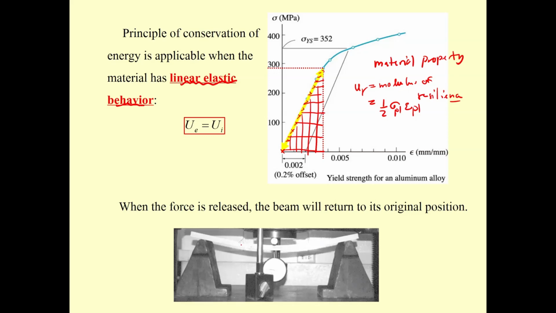The same thing if you have a beam. Previously the beam is in this location, and then you apply the force at the middle, and the beam moves. Okay, then this is the force, this is the deflection.